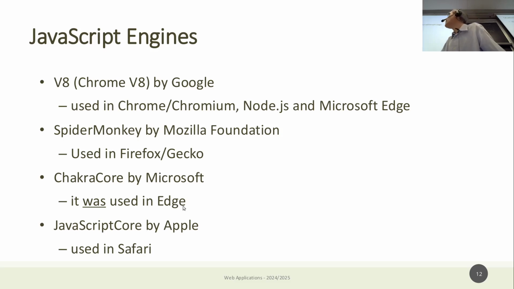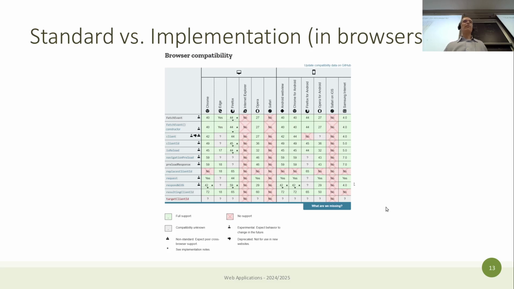And why are we naming all of them? Just because the standard is one thing and the implementation is another thing. So it's true that there exists a standard, but if nobody enforces that you should implement the whole standard correctly as specified, basically everybody will do what he or she wants.